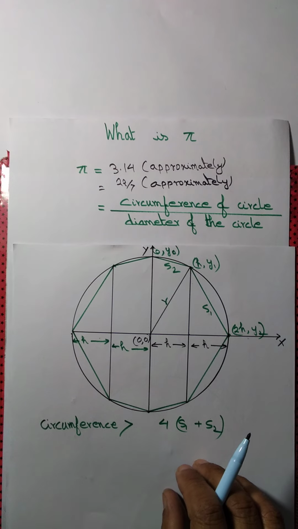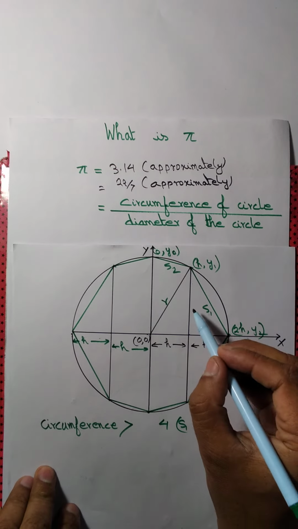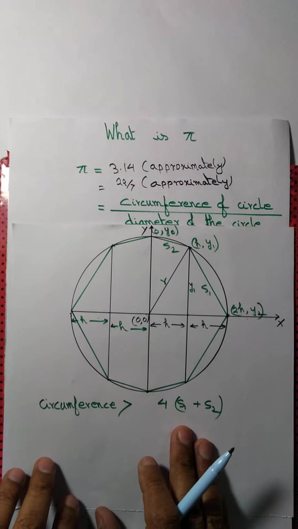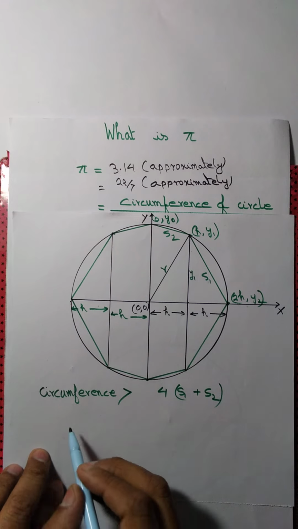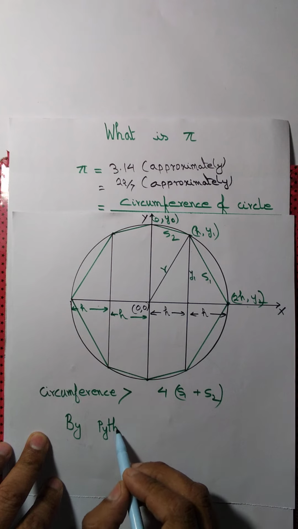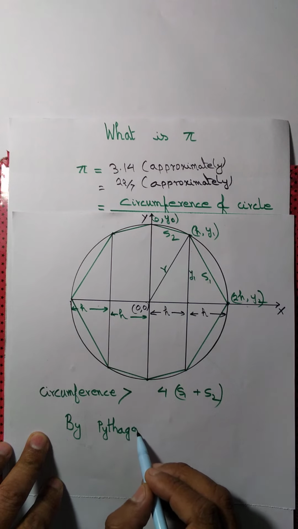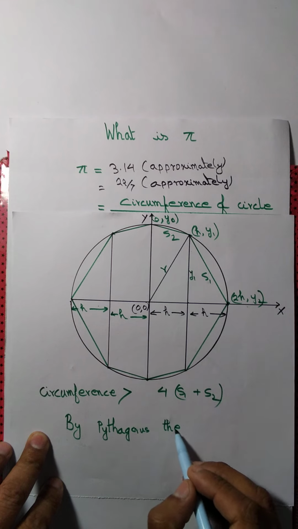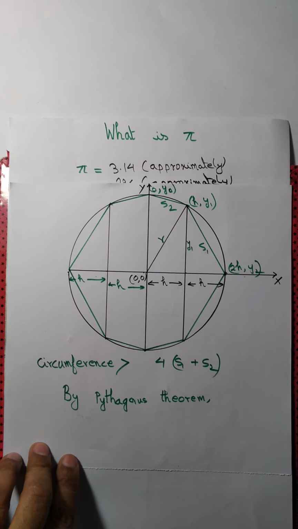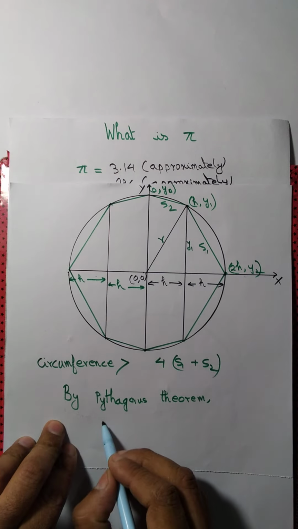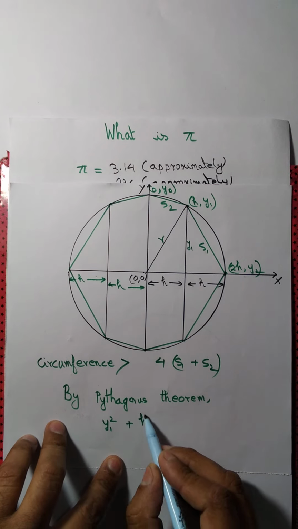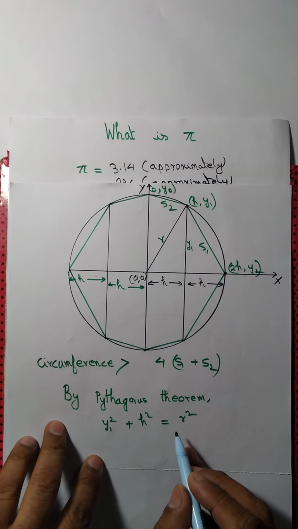Now by Pythagoras theorem, if it is y1, then y1 square, by Pythagoras theorem, we need to apply Pythagoras theorem again and again. So let's do it once. y1 square plus h square equal to r square.